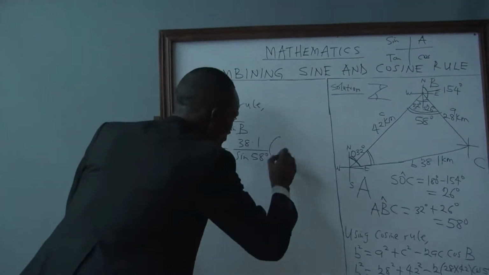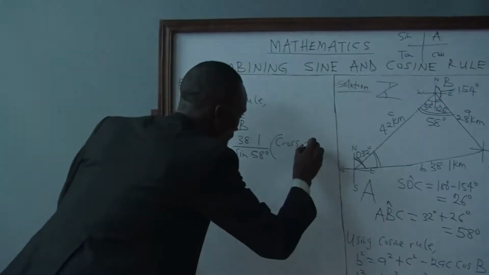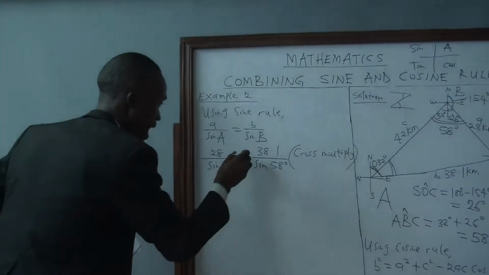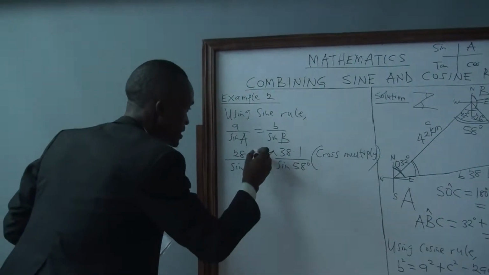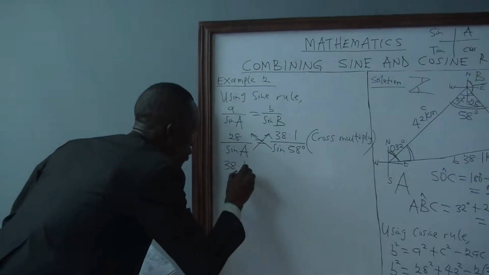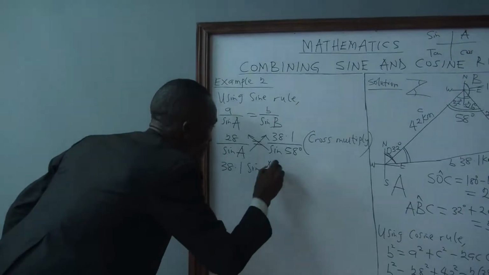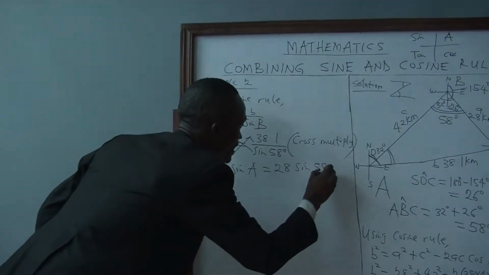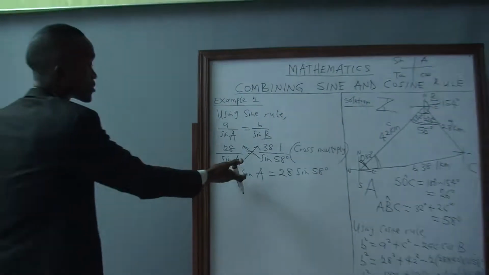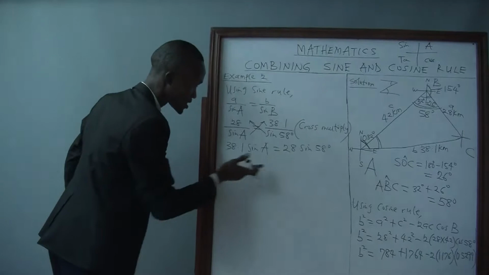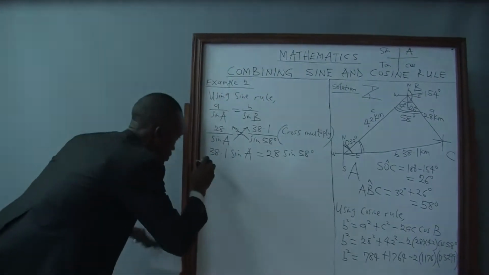So the next thing to do here is to cross multiply. When we cross multiply, this one will multiply this and this one will multiply this. So we have 38.1 sine A is equal to 28 sine 58 degrees. We are looking for A. We have sine A, but sine A has a coefficient of 38.1.